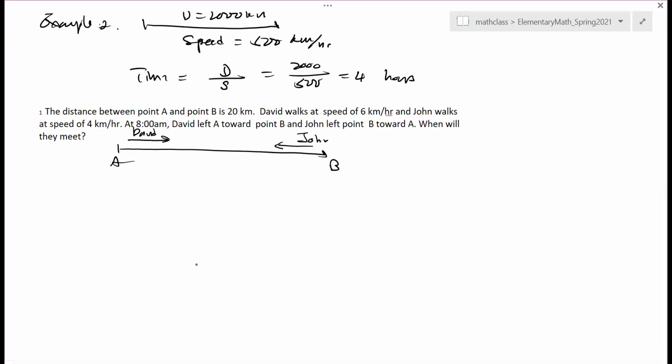It takes how many hours for them to meet, okay? Now, there are a couple ways to solve this problem. Let me give you one. We can use equations, or we can solve the problem without equations, okay?